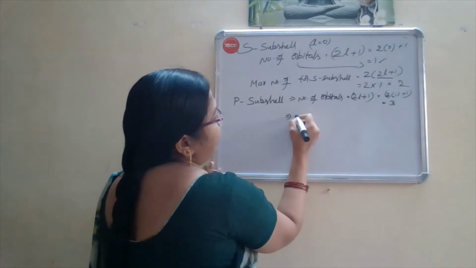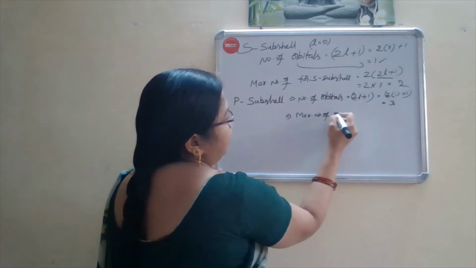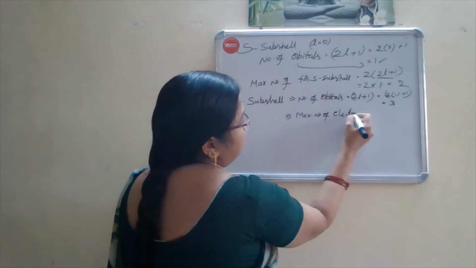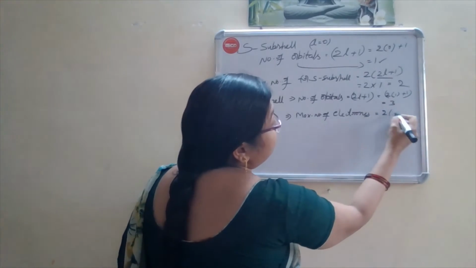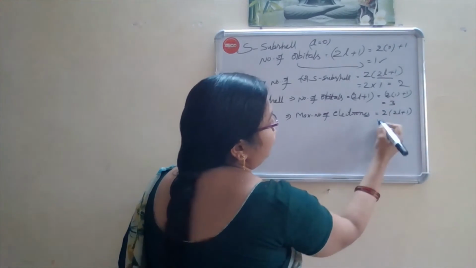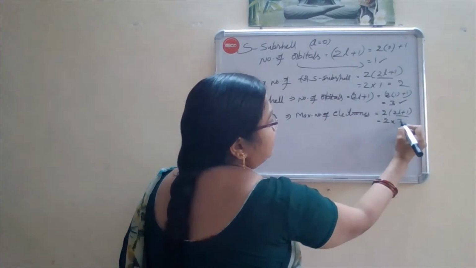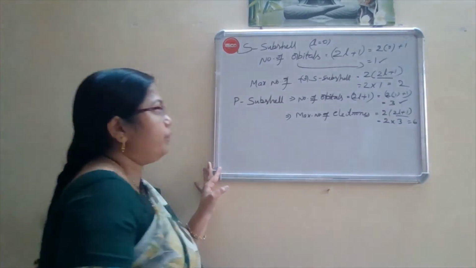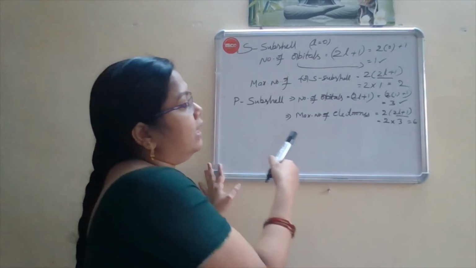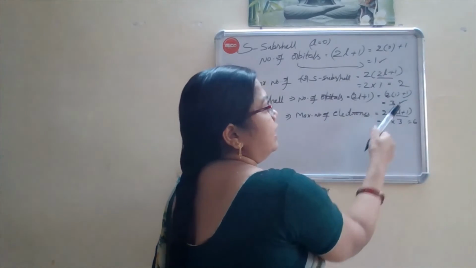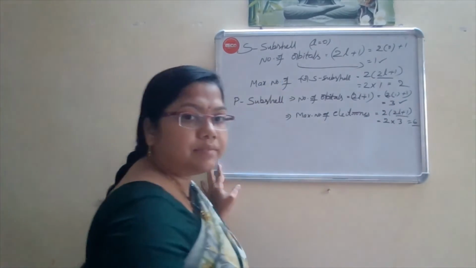Next, maximum number of electrons: 2 into 2L plus 1, where 2L plus 1 value is 3. That is equal to 6. So, P subshell contains 3 orbitals. These 3 orbitals have 6 electrons.